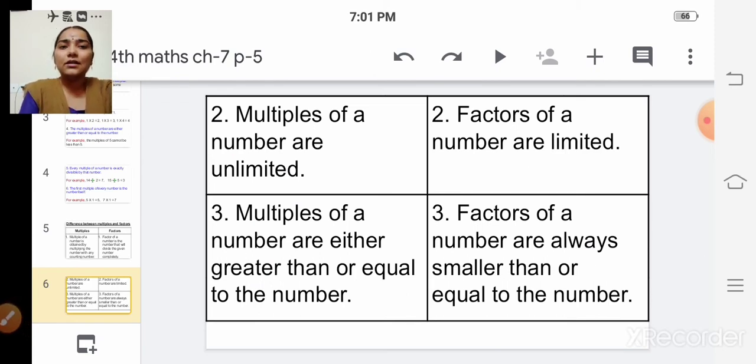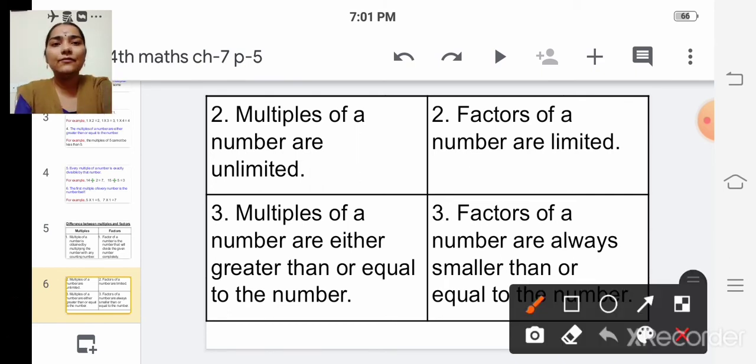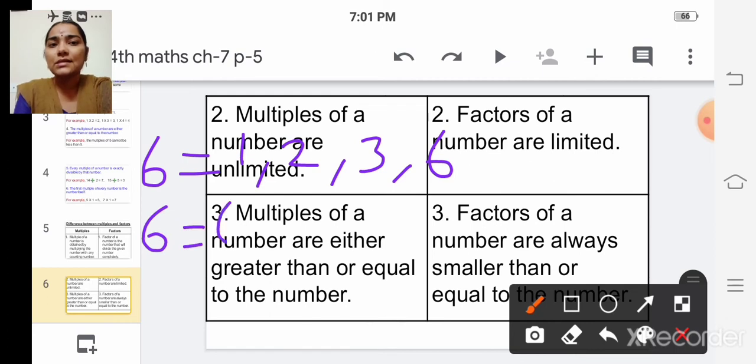The third difference: multiples of a number are either greater than or equal to the number. Factors of a number are always smaller than or equal to the number. Again, the factors of 6 are 1, 2, 3 and 6. Multiples of 6 are 6, 12, 18, 24 and it will go on.